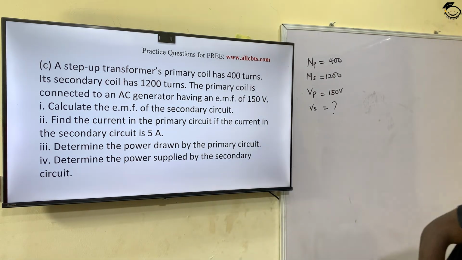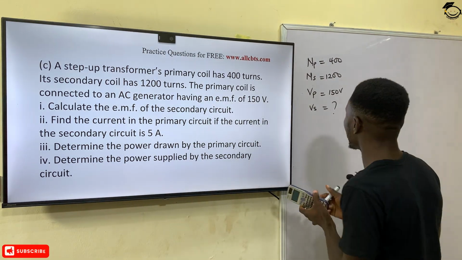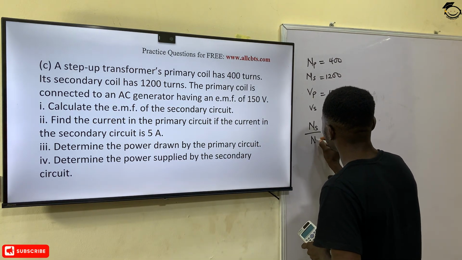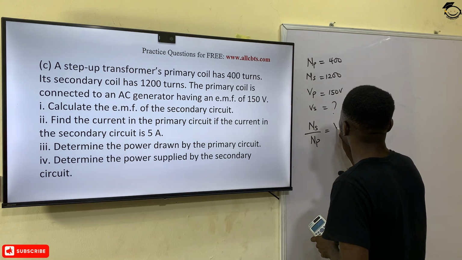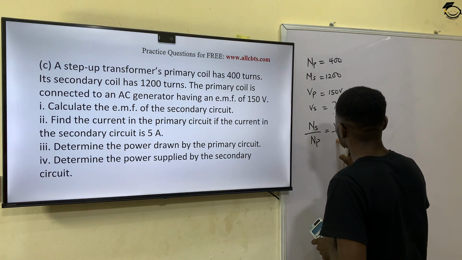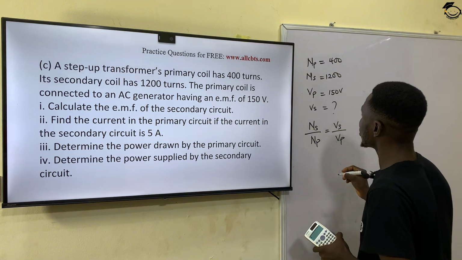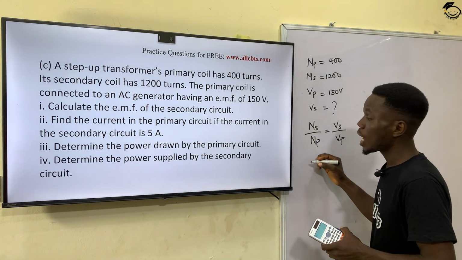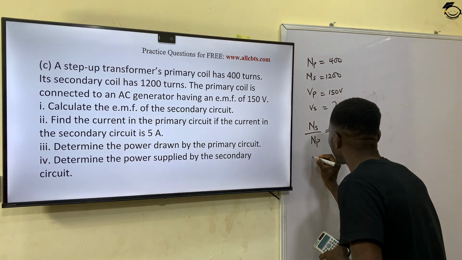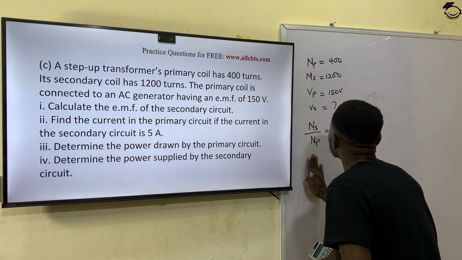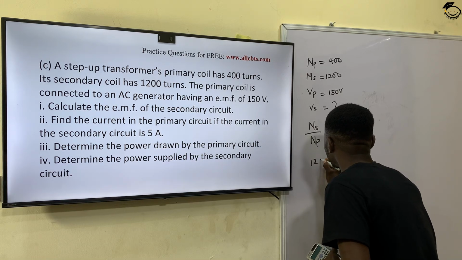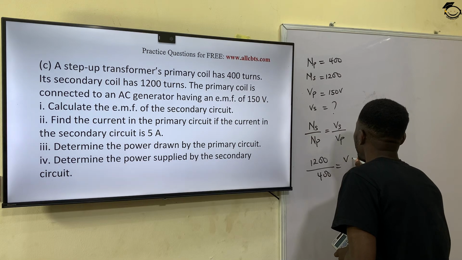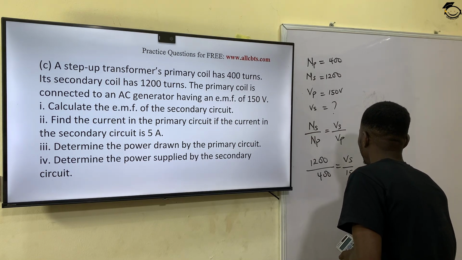The first part of the question says we calculate the voltage in the secondary circuit. We know that NS over NP is equal to Vs over Vp. So we use this formula. This is 1200 over 400 is equal to Vs over 150.